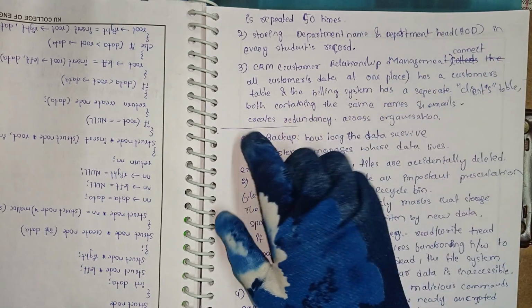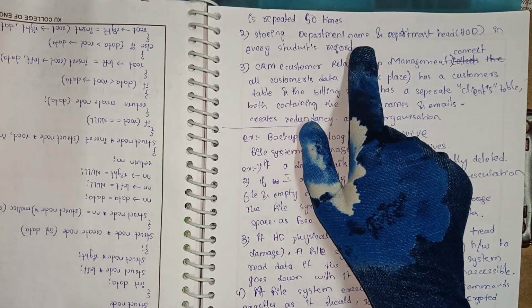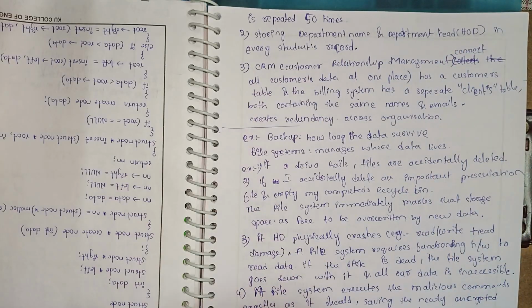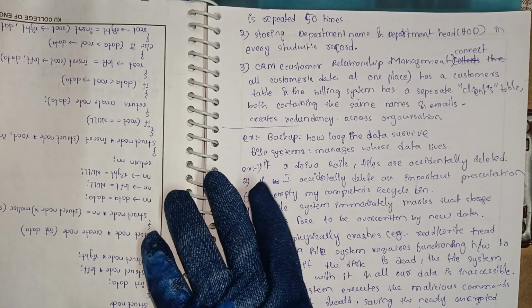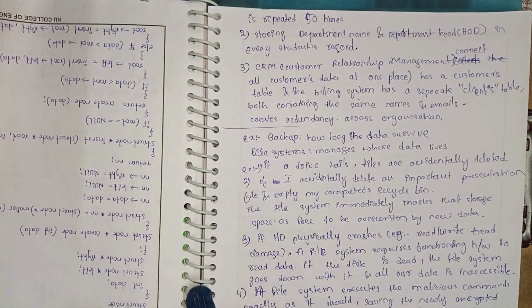So the same department HOD name is repeating for every single student. Okay, so that's why the redundancy occurs.